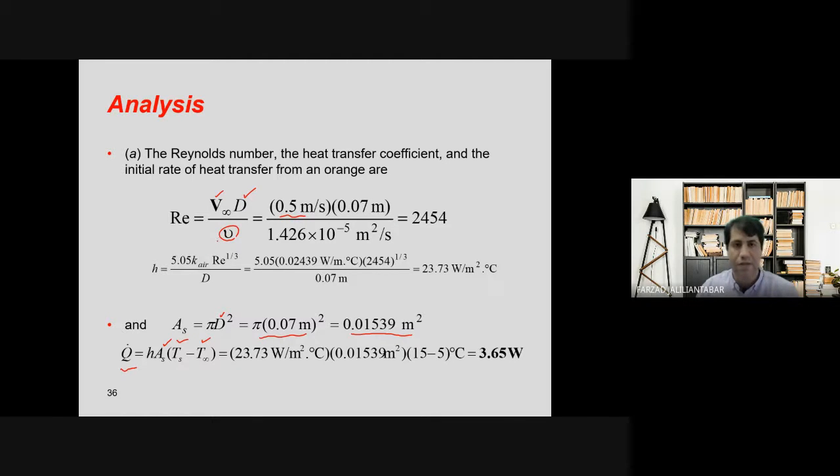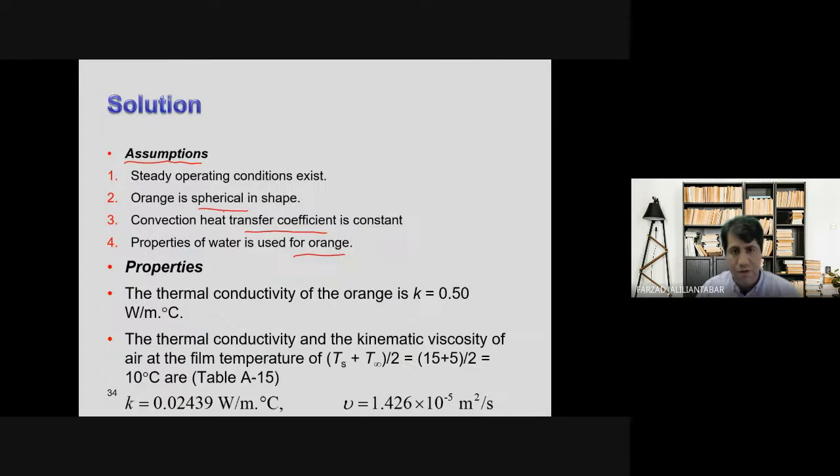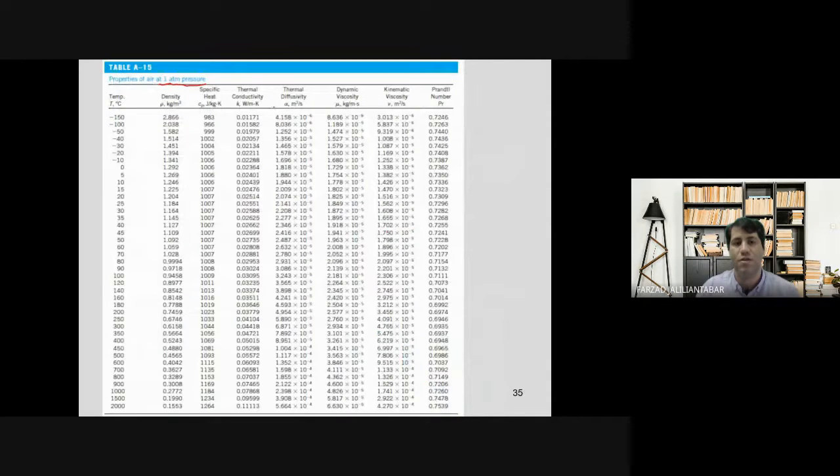To find this, because here we have a fluid, at the end of our textbook we have tables where you can find properties for different substances. Table A15 provides the properties of air at 1 atmosphere pressure. Here it is also mentioned that the pressure is 1 atmosphere, so we can use this table.